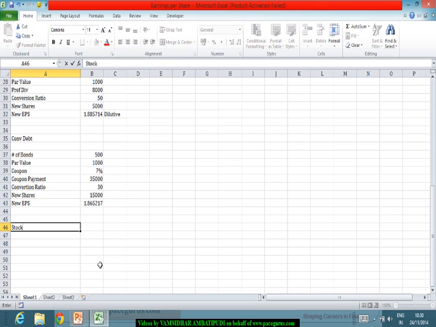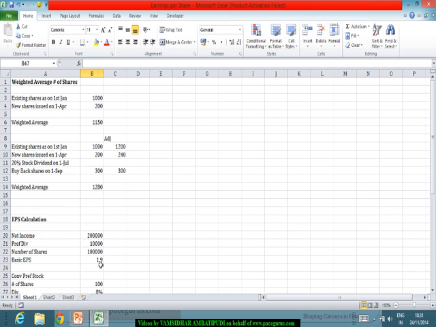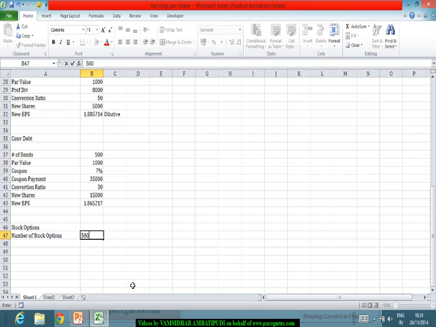Now, I could also see the stock options. The number of stock options the company might have created, let's say around 500 stock options are there, right?